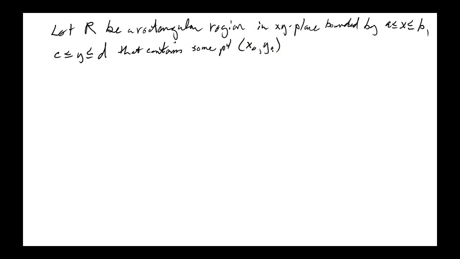Okay. Now, the region contains that. It's a little confusing, all the lengthy words here, but there's some point (x0, y0). The x0 is between a and b, the y0 between c and d. That's in this rectangular region, okay? In its interior.